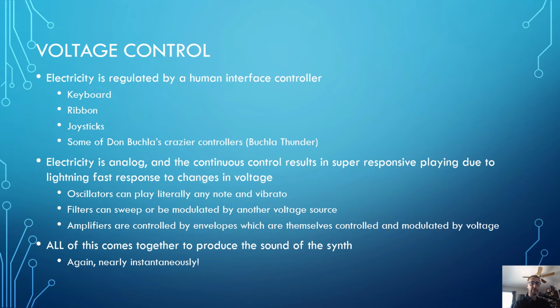Filter frequencies can be swept or modulated by another voltage source. Amplifiers, the volume control, can be controlled by envelopes, which are themselves controlled and modulated by voltage. All of that together comes together to produce the sound of the synth nearly instantaneously. I mean, we're talking nanoseconds from when you hit the key to when the sound is out of the speakers.